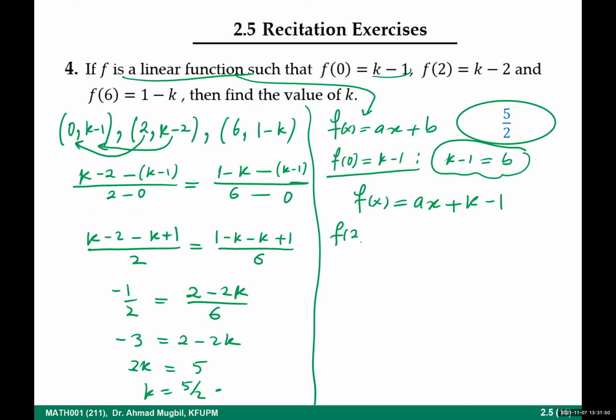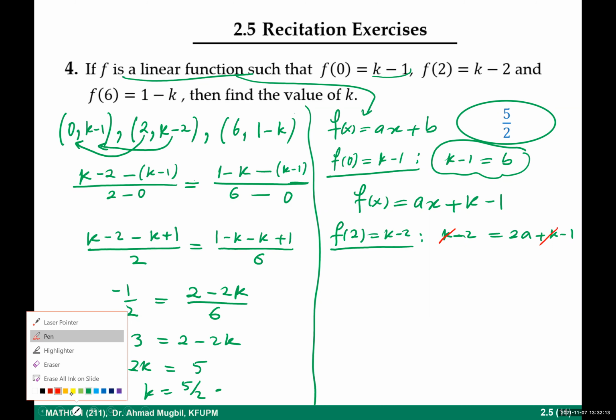Now let's continue. f at 2 is k minus 2. So this means that k minus 2, which is the value of the function, equals a multiplied by 2, which is 2a, plus k minus 1. From here, you can cancel this k with this k because they have the same sign, and you will have 2a equals negative 1.